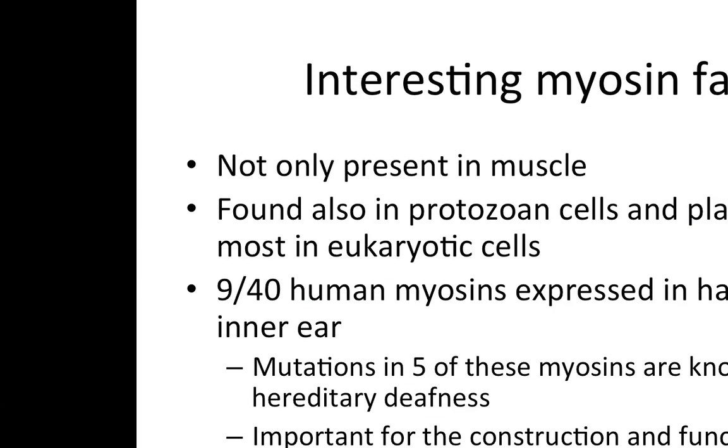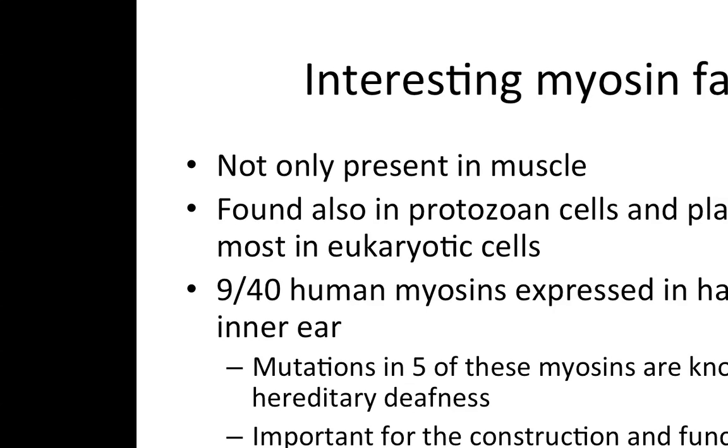So here are some interesting myosin facts. They're not only present in muscle. So myosin, don't only think muscle, right? Myosin's also found in protozoan cells and plants, but mostly in eukaryotic cells. 9 out of the 40 human myosins are expressed in hair cells of the inner ear. Fun fact.